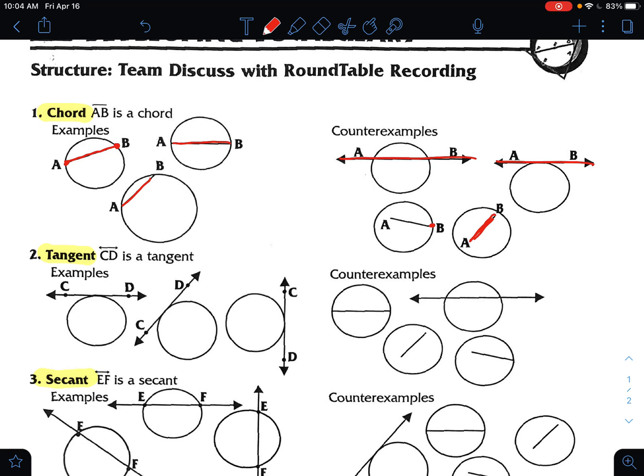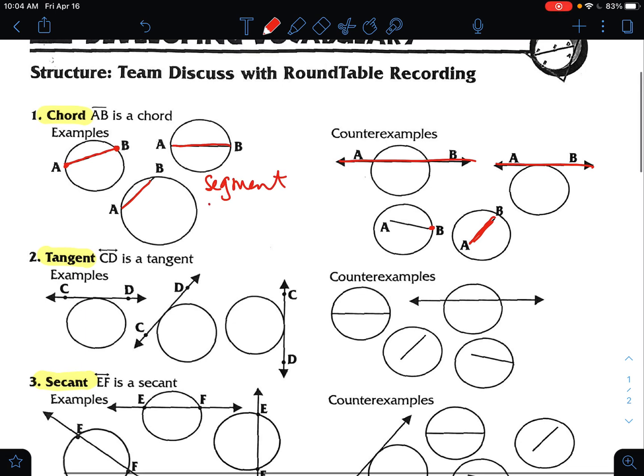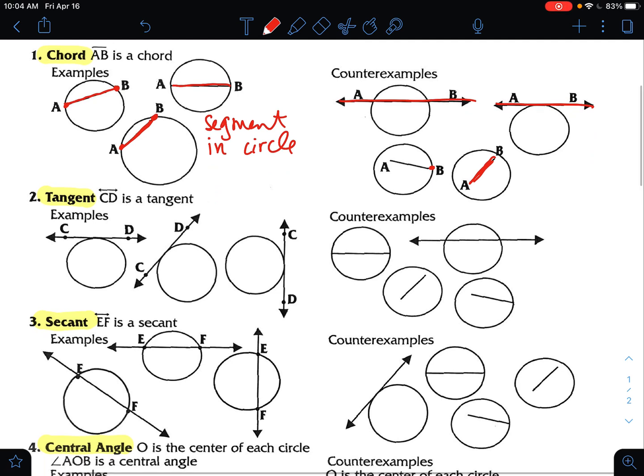So basically a chord, what you see on the left, is a segment in a circle. I am going to informally define a chord as a segment in circle. Now it has to go all the way from one part of the circle to the other. All right, so that is a chord.